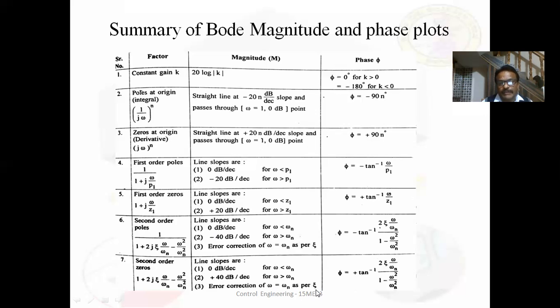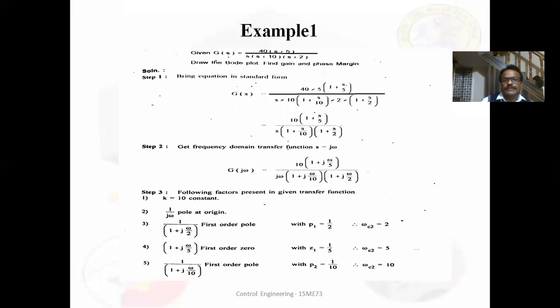Then the phase angle plot is plus tan inverse of 2 zeta omega by omega n divided by 1 minus omega square by omega n square. So, that is the basic summary introduction of the Bode plot.